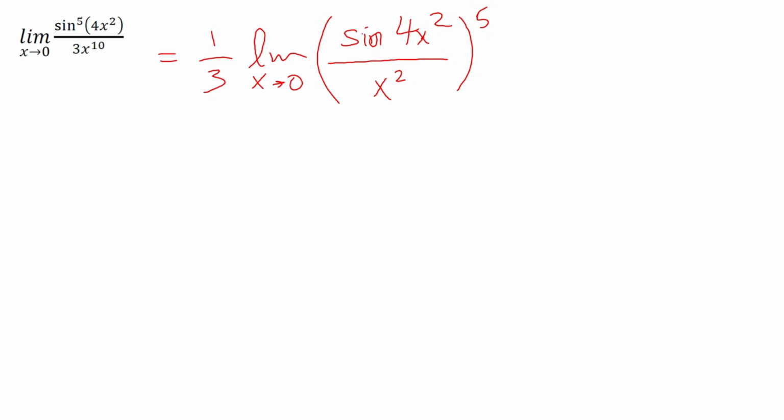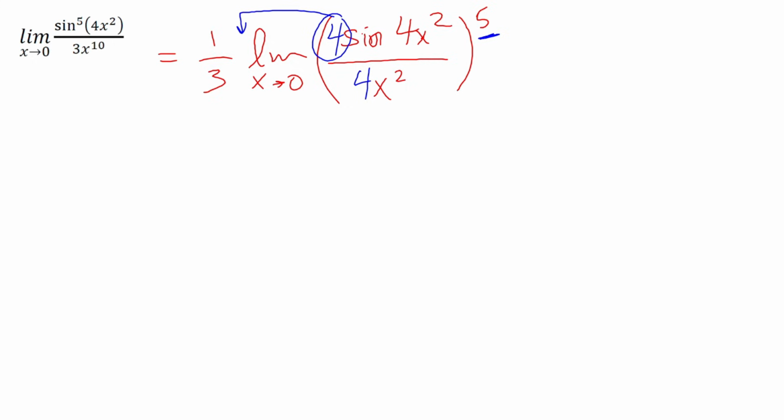And then I know that if I get a 4x squared in my denominator, then that limit inside would be 1. Well, I can't just put a 4 there without putting a 4 in the numerator as well. So I'll put a 4 in the numerator as well. And then we'll pull that 4 outside of the limit, because it's just a constant. But as we do that, we have to be careful that that 4 is inside of a parenthesis that's being raised to the 5th power.